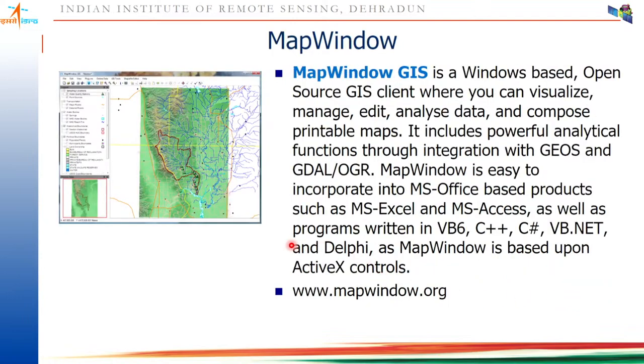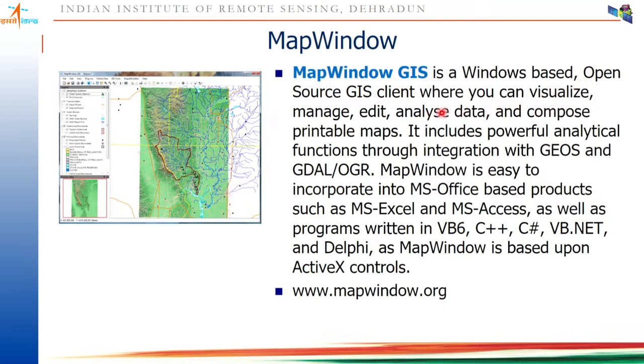For the .NET users, we saw MapWindow is a very good option. It's a Windows based open source GIS client. So if you probably foresee yourself using it on Linux, then MapWindow may not be a good option for you. But if you're more acquainted with the .NET environment and framework, and you will be working on Windows, you can use the MapWindow software.